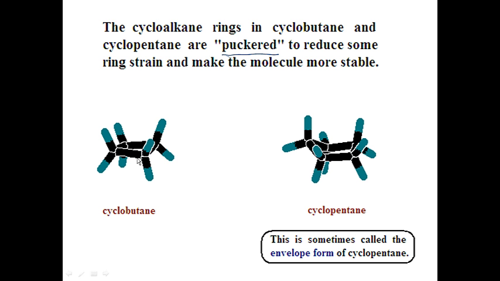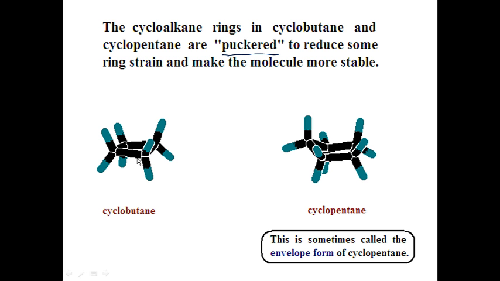Okay, so the 3-membered ring, the cyclopropane, you define a plane by having 3 points, and so none of the carbons can become non-planar because it takes 3 carbons to make a plane. Okay.